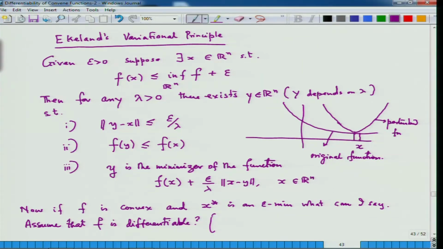So, tomorrow we are going to compute these facts and we are going to show what happens if we take this question. A very interesting fact will emerge and you will see that even if the function does not have an exact minima and if the convex function is differentiable, we can tell a lot about the characterization of its inexact minima.